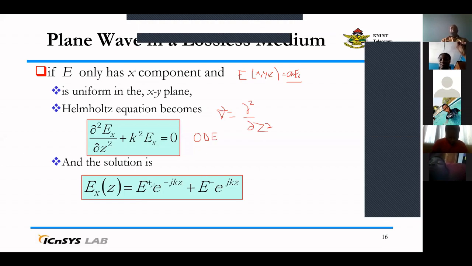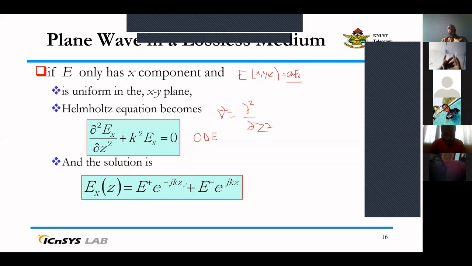These are constants whose values can be determined, or they serve as the amplitude of the wave that is being propagated. We've already seen what k is. k is the wave number, and the Z here is the distance traveled.